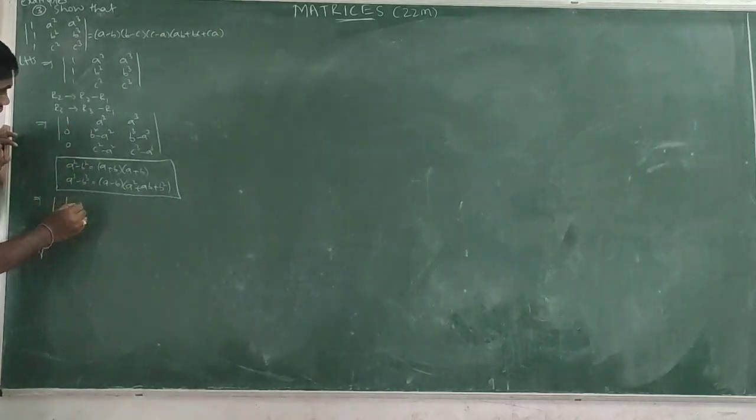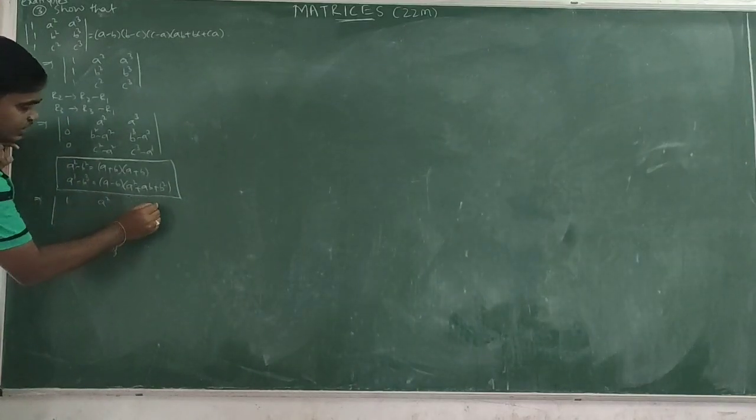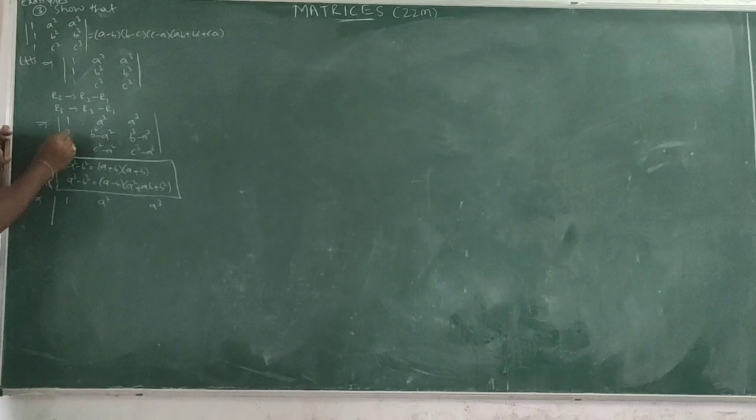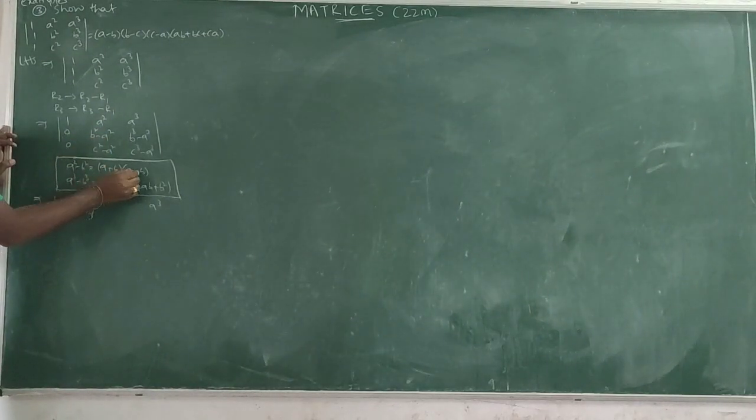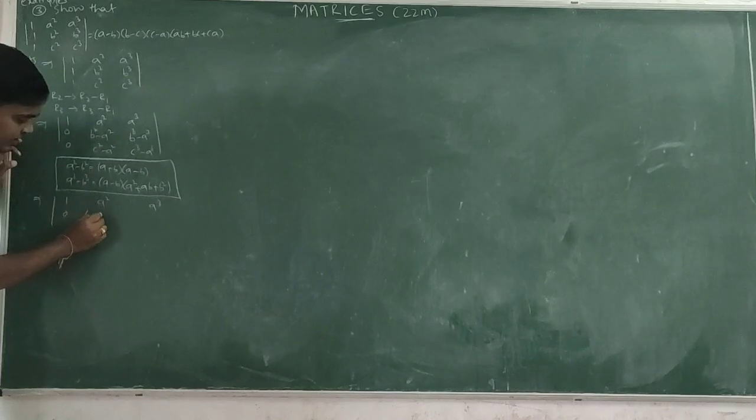Row 1: 1, a square, a cube. Row 2: 0, b square minus a square, using this formula, equals (b plus a) into (b minus a).